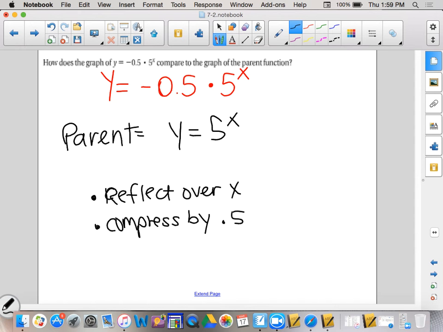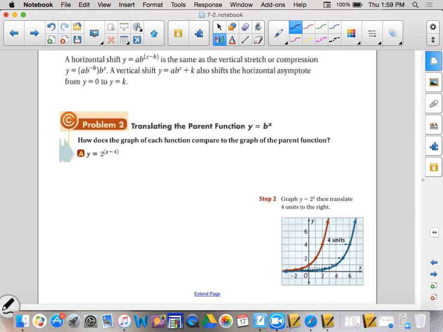Now we're going to add two more things to that. So we flipped it, and we've stretched or compressed it. Now we're either going to move it left to right or up and down. There are two things I need to look at: horizontal shifts and vertical shifts, and they're going to look like this.